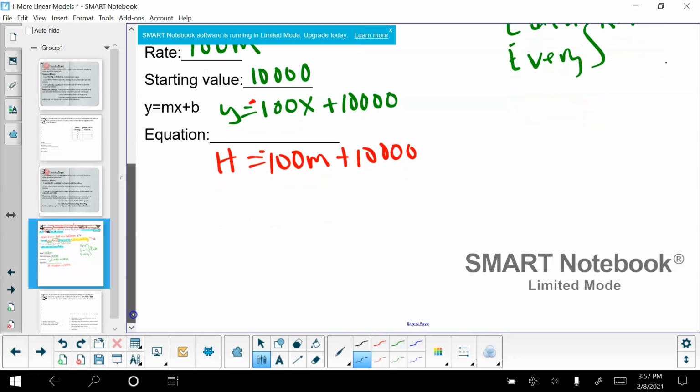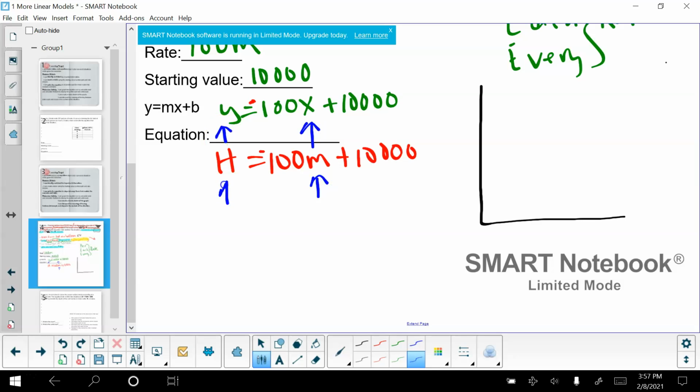Okay, now we're going to proceed on and make that sketch. Now I'm going to just remind myself about some labels. The h is the height, so that's my y-axis because that's the same as the y, so I'm going to put height. And the x was referencing the m, which is the minutes.